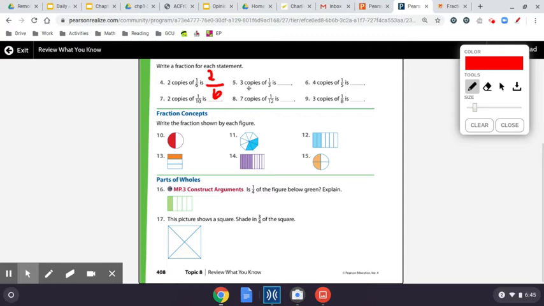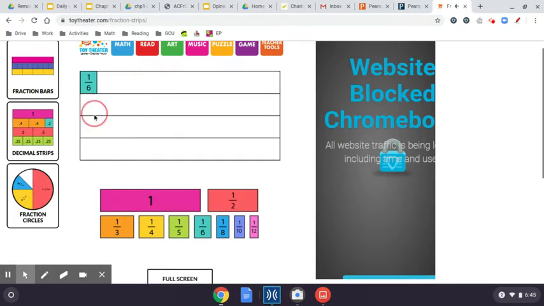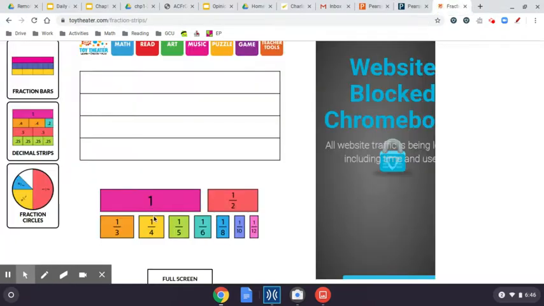If you have three copies of 1/3, well, let me go back to my fraction tiles here. If I have three copies, that's like saying three pieces of 1/3. Here's 1/3, here's another 1/3, okay, so I have 3/3 here.